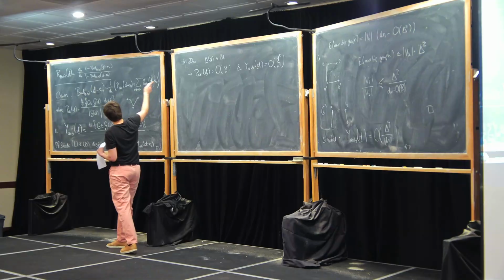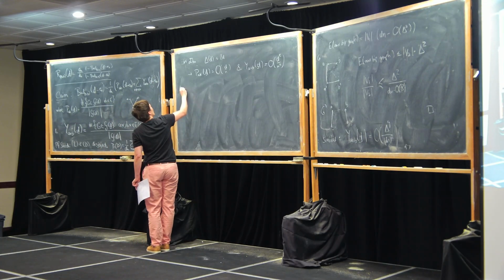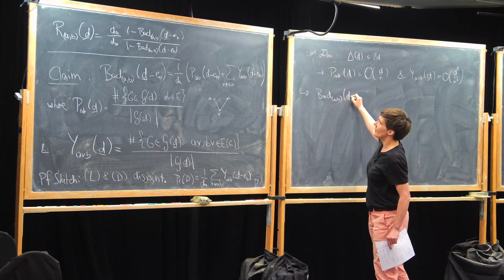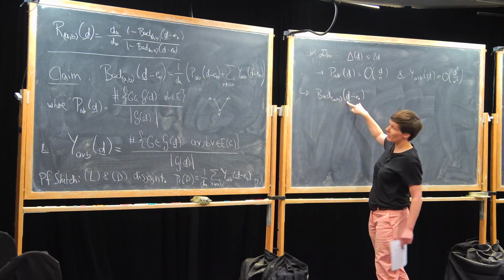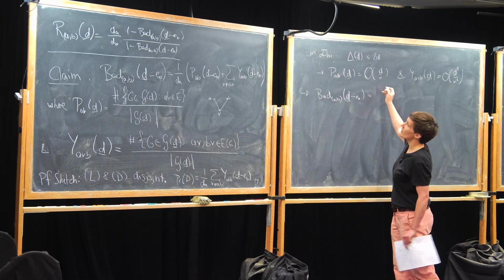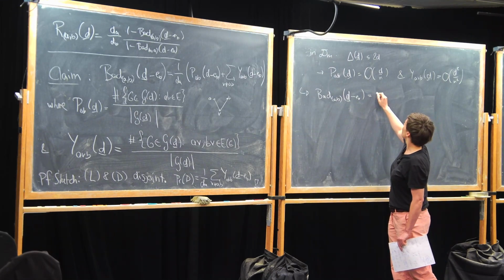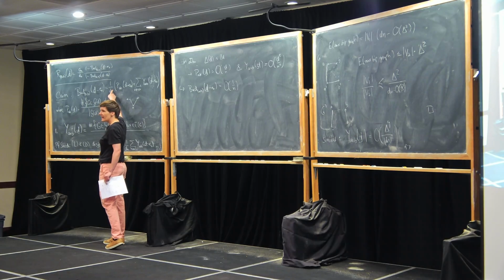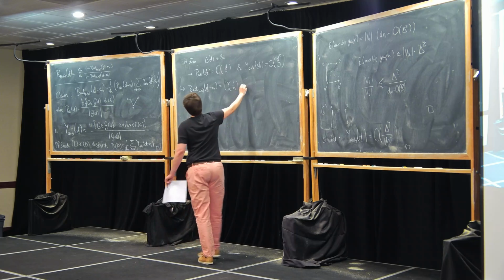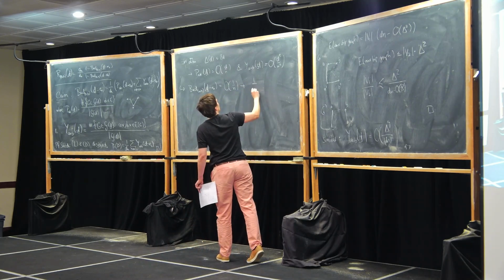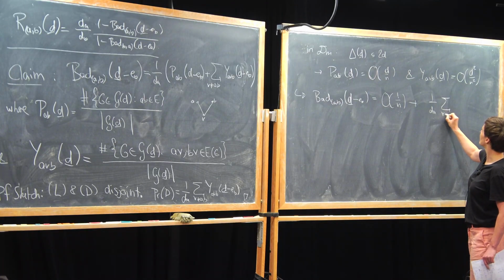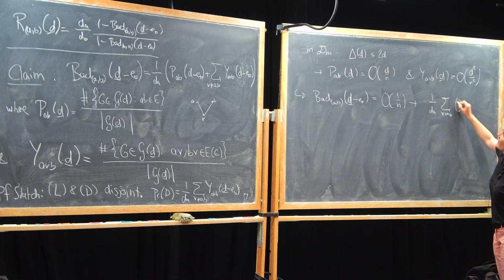So let's plug this into here. Then this gives that the bad probability of a D minus EB, where now I want this to be in DM, well, the first one would give us a big O of 1 over n, and I'm using here that all the dAs are roughly d, plus 1 over dA, the sum over all V's. And here I get a big O of d squared over n squared.